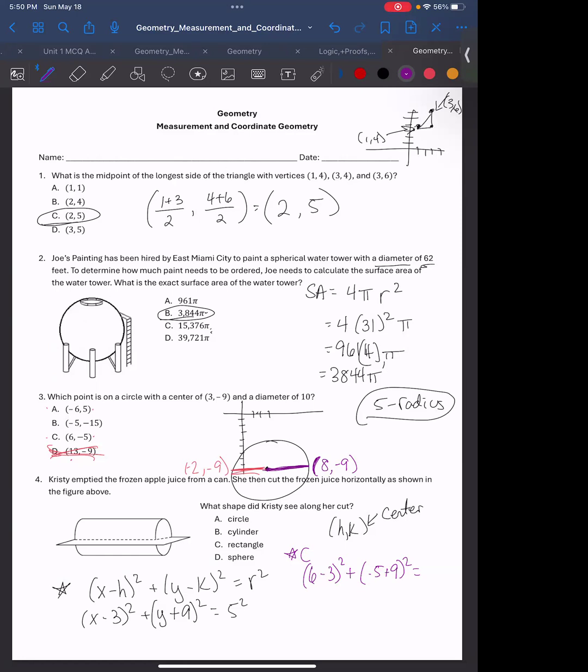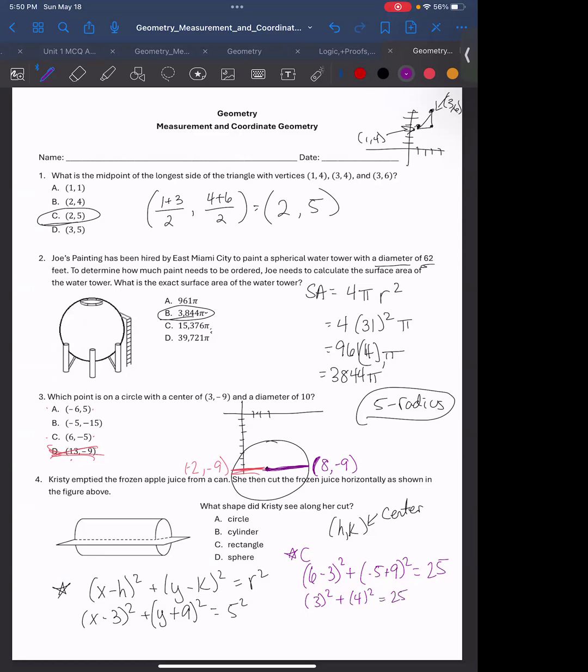5 times 5 is 25. Okay, so 6 minus 3 is 3. -5 plus 9 would equal 4. That equals 25.